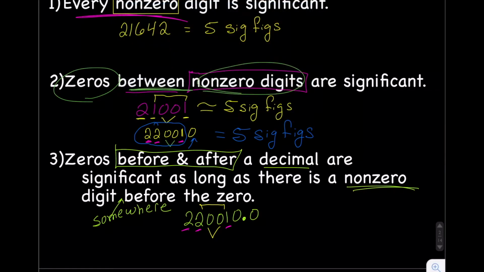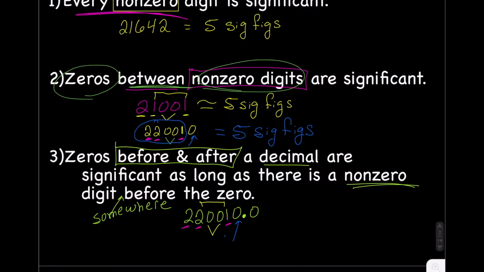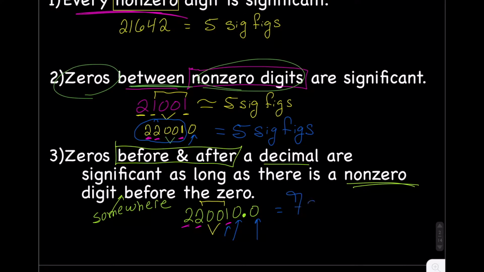And finally, this 0 here is significant because it is before a decimal and after a non-zero digit, the 1 here. And this 0 is significant because it is after a decimal and there is a non-zero digit somewhere in front of it. Again, that 1, which makes us have how many sig figs here? 1, 2, 3, 4, 5, 6, 7. This has 7 sig figs.